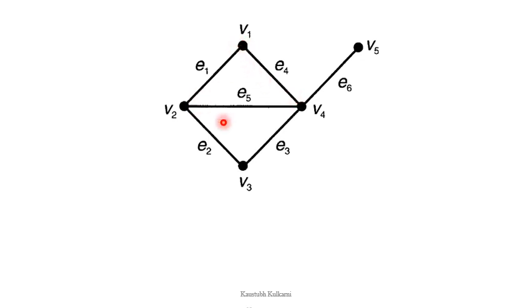V1, V2 up to V5 are the five cities, and the edges E1 to E6 are the roads connecting these cities. Or you can say V1, V2, V3 can be certain routers, and E1 up to E6 can be the links between the routers in a computer network, in a local area network.